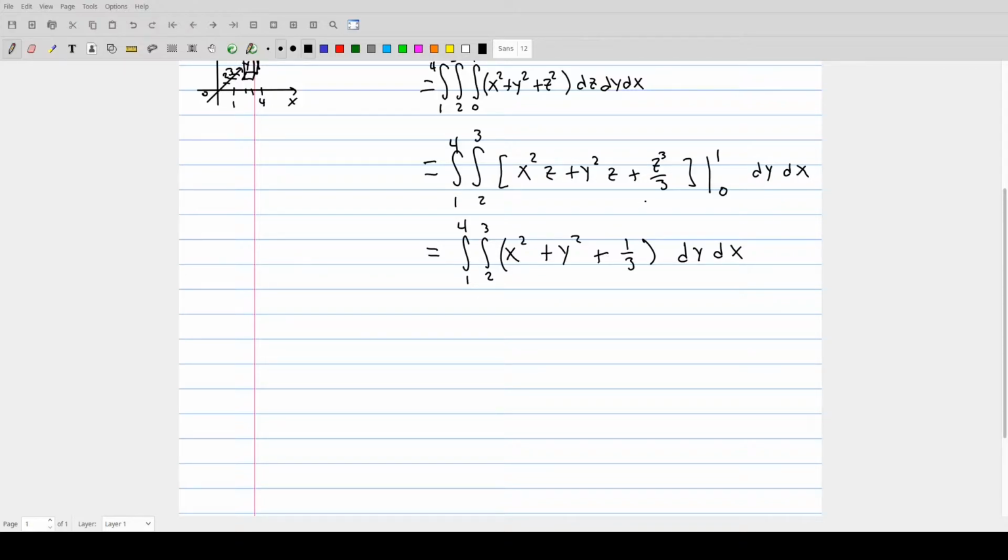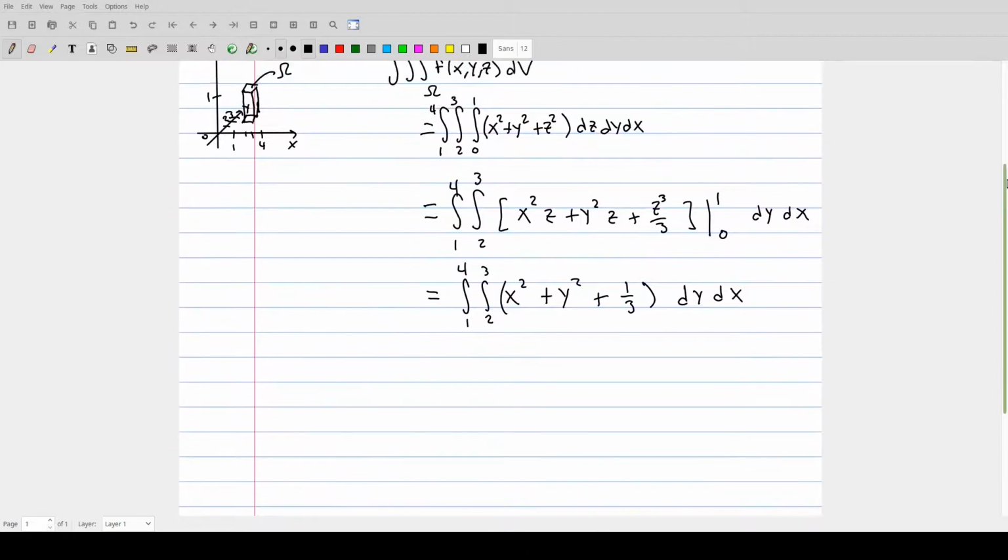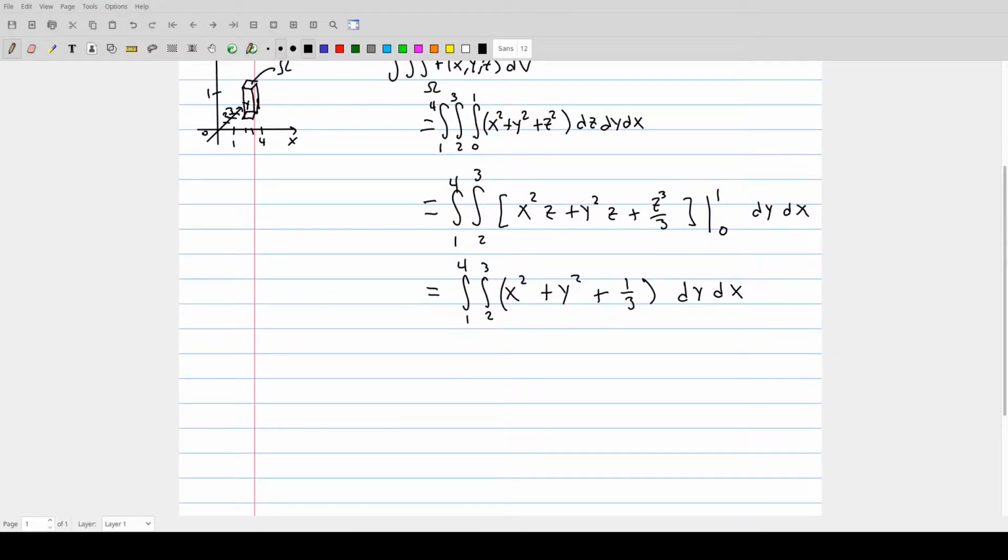So really the idea of triple integration is the same idea in some sense as a double integral. We essentially determine the bounds for a region and go through and evaluate each individual iterated integral to get the final value of the integral. We're also seeing that the triple integral of this function x squared plus y squared plus z squared is the same thing as the double integral of this function right here, where this is the integral from 0 to 1 of this function with respect to z.